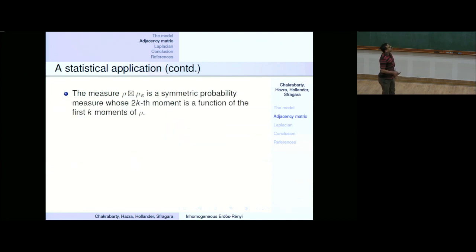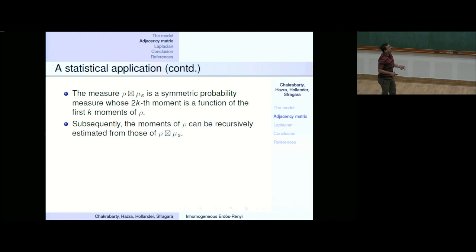So rho box times mu_s is a symmetric probability measure whose 2kth moment is a function of the first k moments of rho. Something more is true: if you write this down as a function of the first k moments of rho, then the kth moment of rho comes for the first time in the 2kth moment of rho box times mu_s.